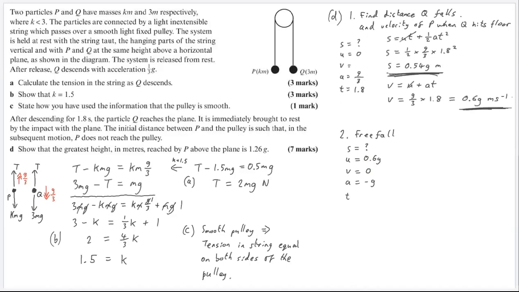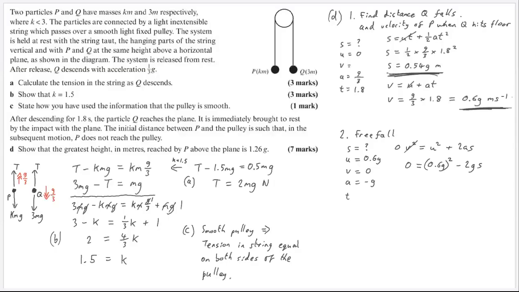Now we can tie all of that together using V squared equals U squared plus 2AS. This time V is 0. So we can say 0 equals 0.6 G squared plus 2AS, and that's going to be minus 2GS.